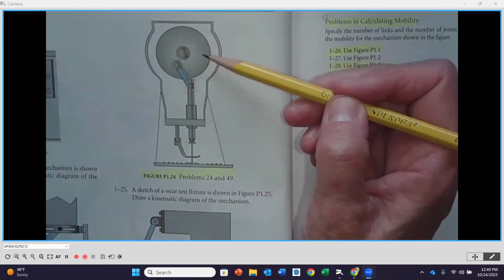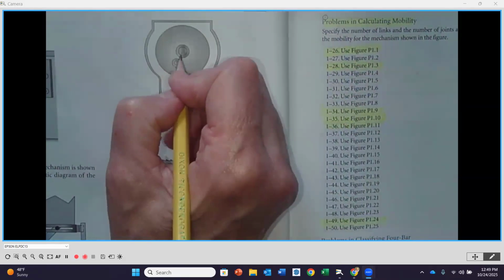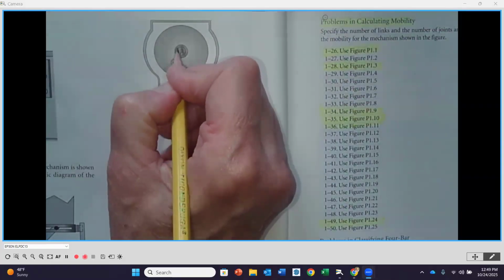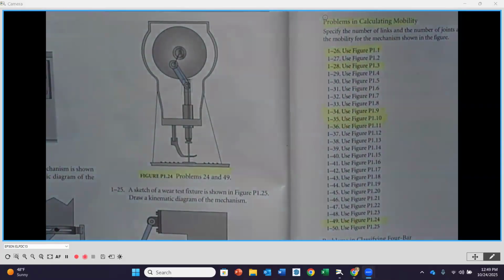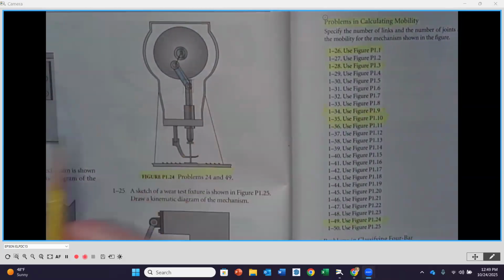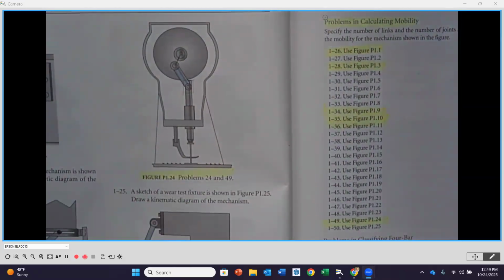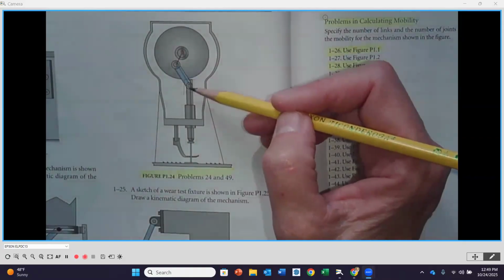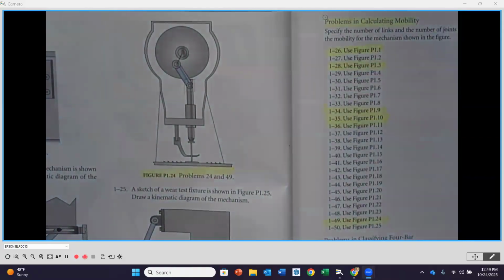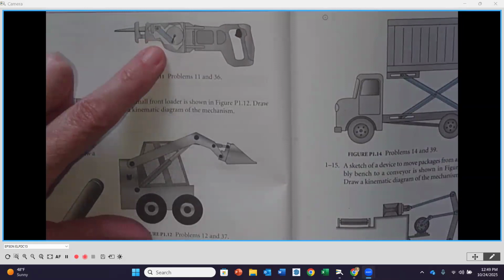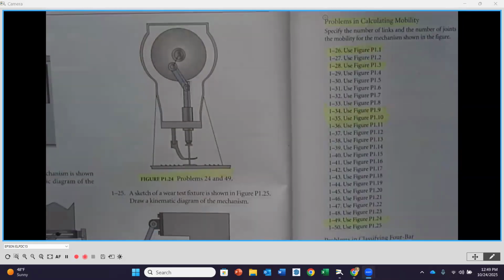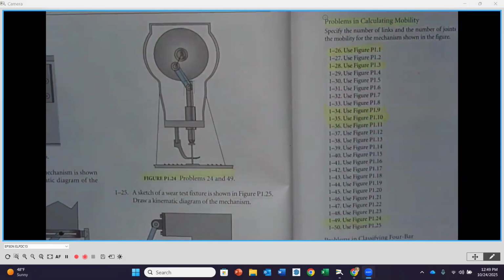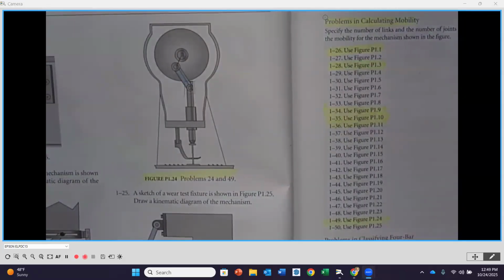So we don't draw the circle at all. We're just going to draw literally a straight line from what would be the center, that would be the frame. And then it's just going to be another sliding link going up and down this way. It's the very same mechanism as our reciprocating saw, but now the slider is oriented vertically instead of horizontally.